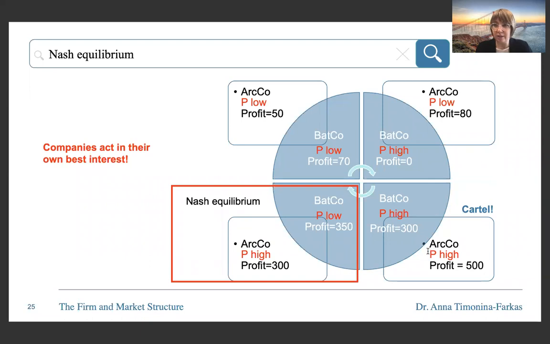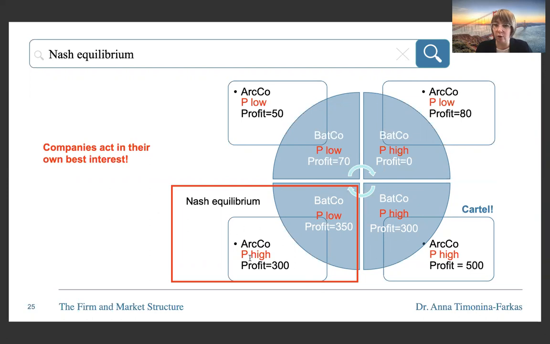However, if they make the decisions individually, for Batco, it is not optimal to hold a high price because he can increase profit by lowering his price. And that is why Nash equilibrium happens at a lower price of the company Batco and at a higher price of the company Arco.